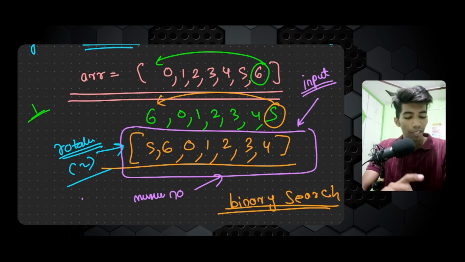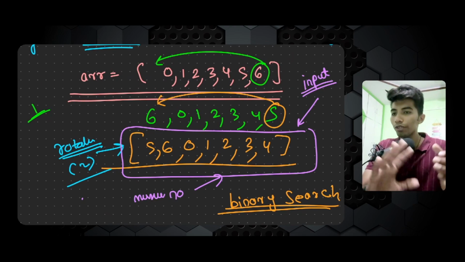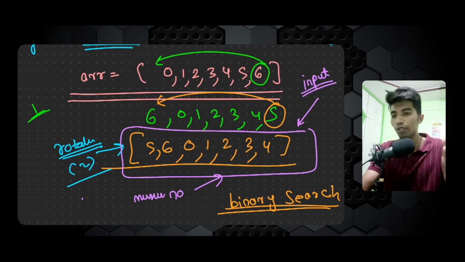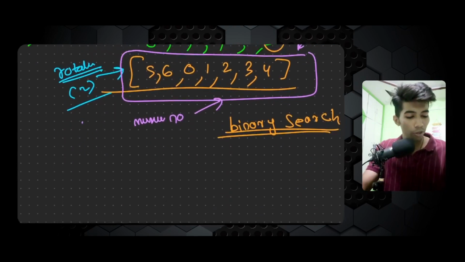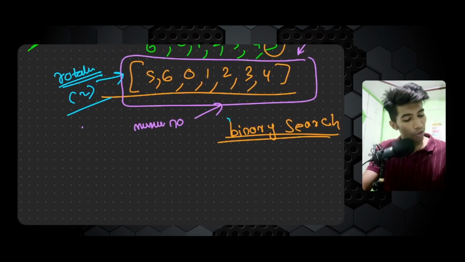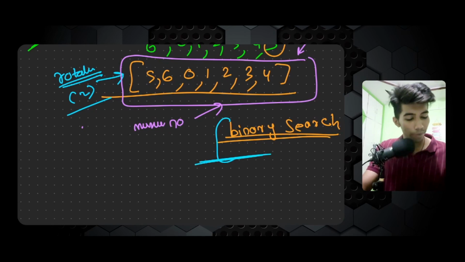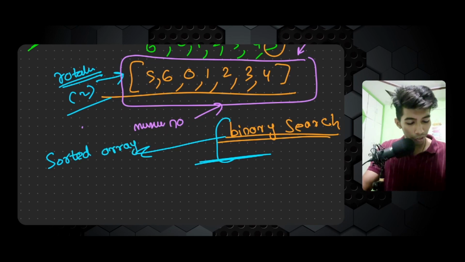Now remember one thing guys, for those who are new to this, you can go to the previous part of this video and understand where binary search will be applied. Talking about the binary search methodology, what is the role of binary search? First of all, binary search is always applied to a sorted array. This is condition 1.